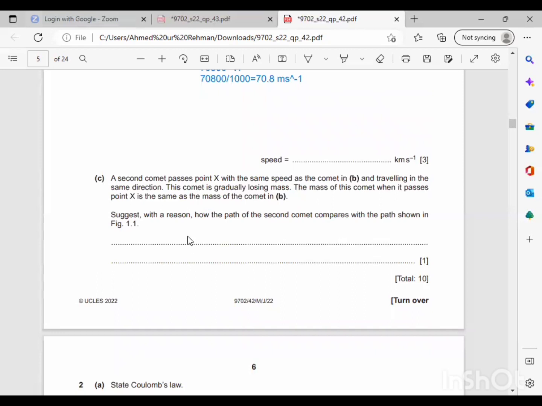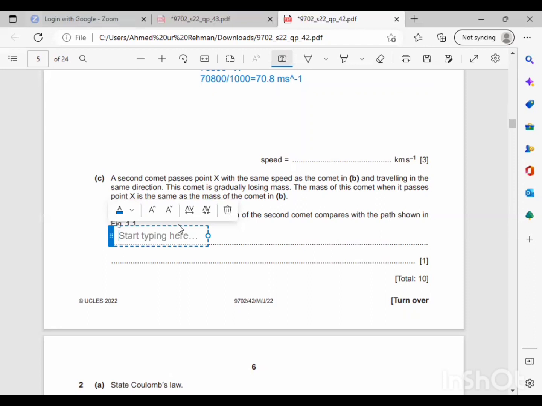We know that the path is dependent on two energies which the whole question was based on, potential energy and kinetic energy. If it's losing mass, that is going to impact both kinetic energy and potential energy. So at the end of the day, the path is not going to differ, it's going to be the same. That is the answer to this part, and I'm going to write it here.